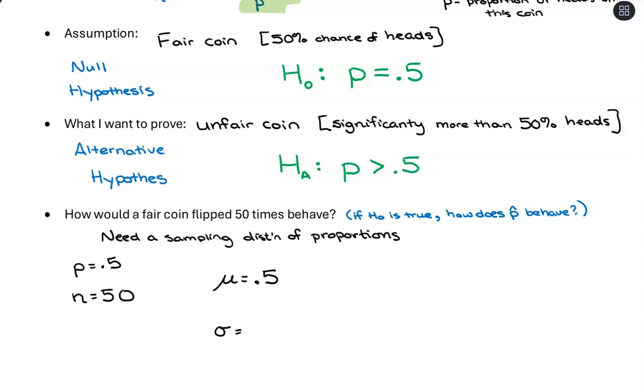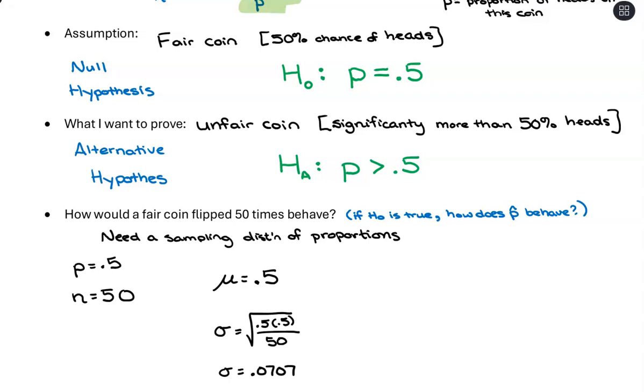And then for the standard deviation, we have a little bit of work to do: the square root of 0.5 times 0.5 over our sample size of 50. So we're getting 0.0707.